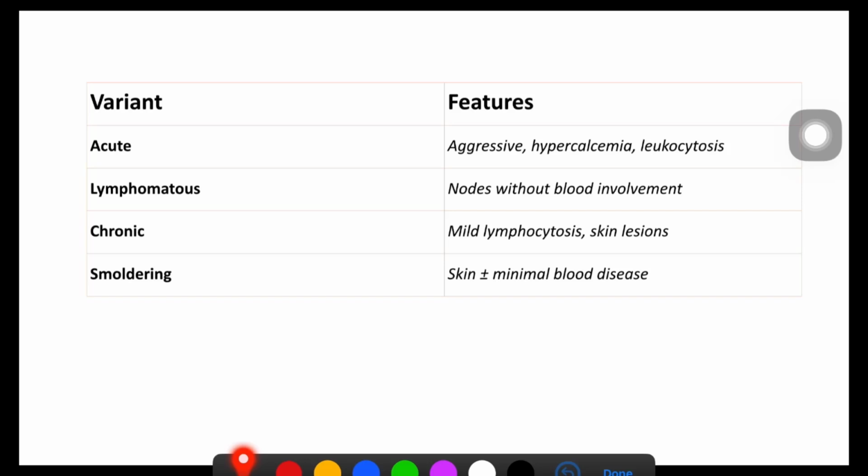There are variants: acute, which has an aggressive nature, hypercalcemia and leukocytosis; lymphomatous, with nodes without blood involvement; chronic, where mild lymphocytosis and skin lesions are there; and smoldering, where skin lesions are present along with presence or absence of minimal blood disease.